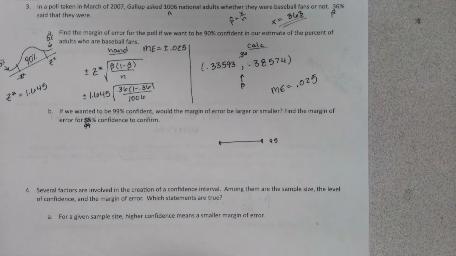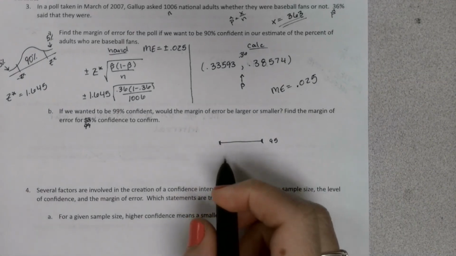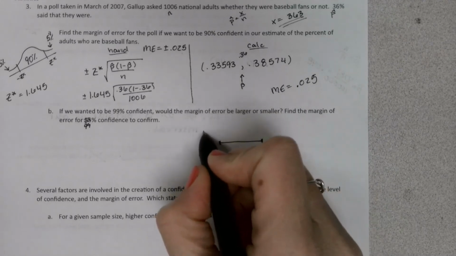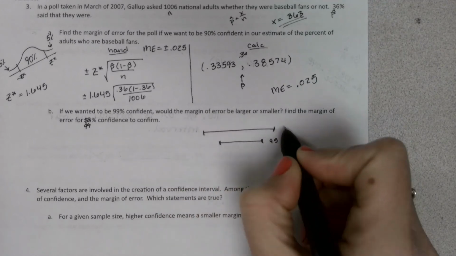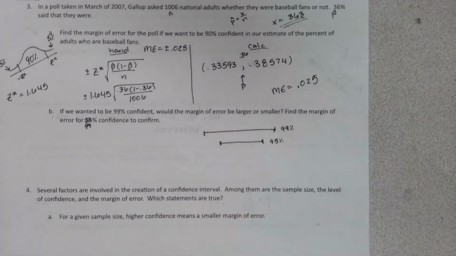If we want to be more confident, so let's say 99% confident, what's going to happen to this interval? So what we discovered is our interval is going to have to become bigger to make sure that we actually capture the real mean. So if we want to be more confident, it's got to be bigger.